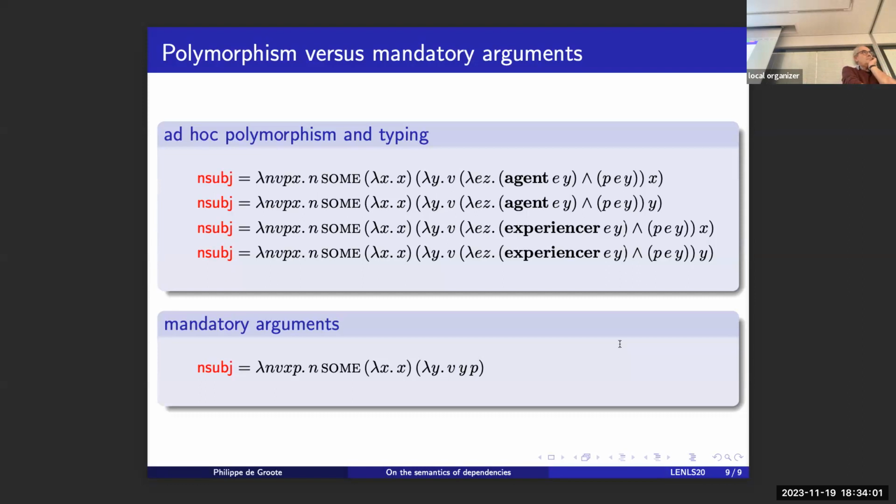So for example, we could still preserve the standard type for the verb, into ET or something, and then when it's combined with the object first, it changes.